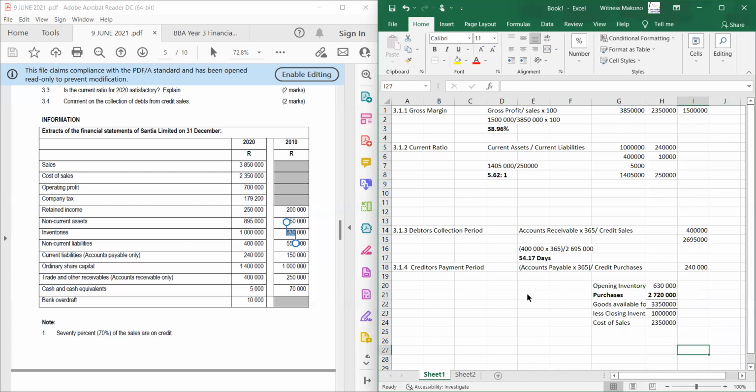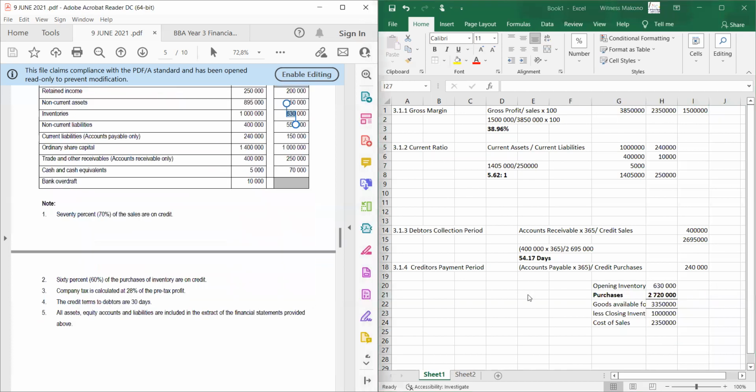So according to this, it says here, 60% of purchases of inventory are on credit. So the ones that are on credit are 60%. So we say equals 0.6 times this. You get 1,632. So now you've got your credit purchases. It's now easy.